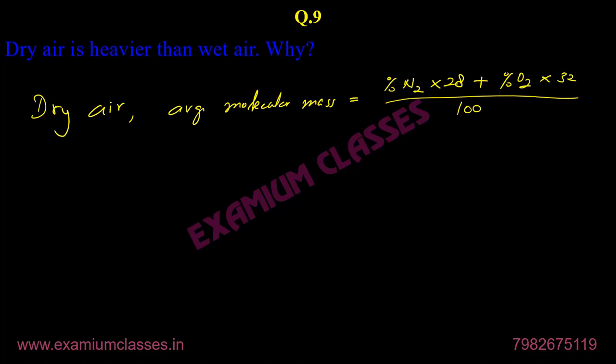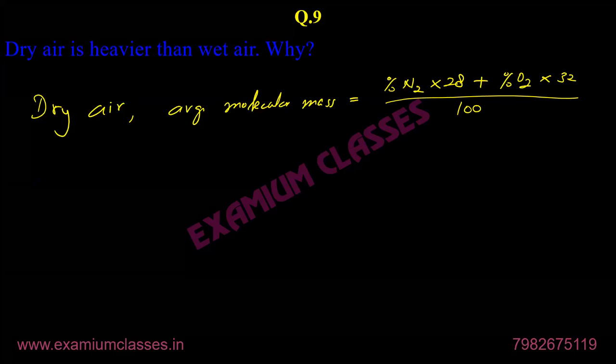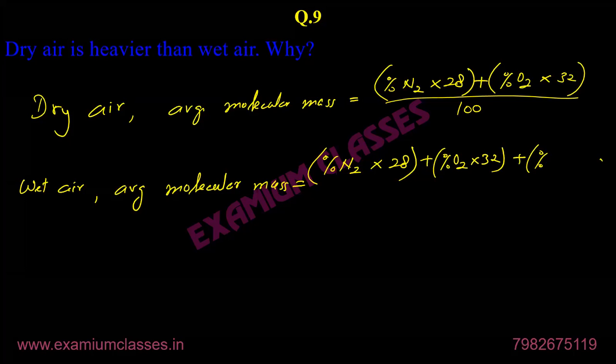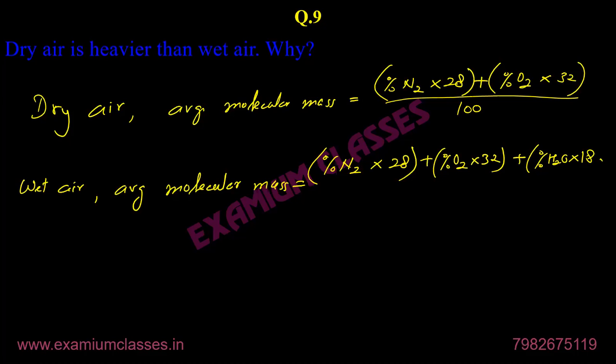That will be the average molecular mass in case of dry air. But in case of wet air, the average molecular mass will be, now you have nitrogen, whatever percentage, obviously it will be less, into 28, plus percentage of oxygen into 32, plus percentage of H2O into 18.